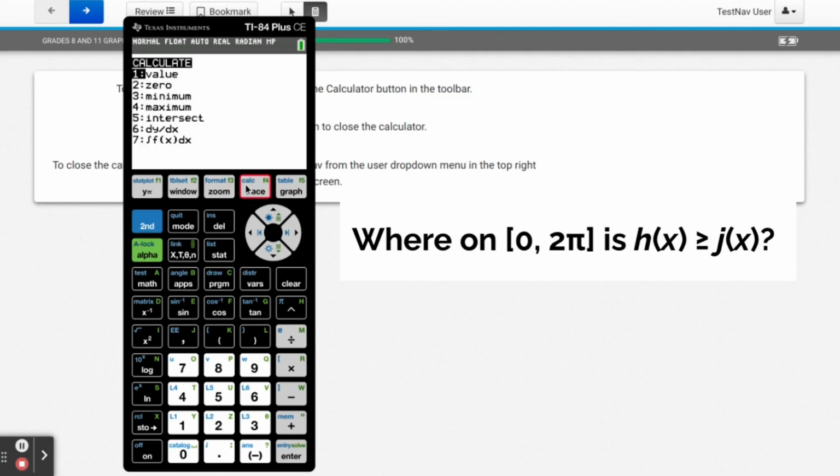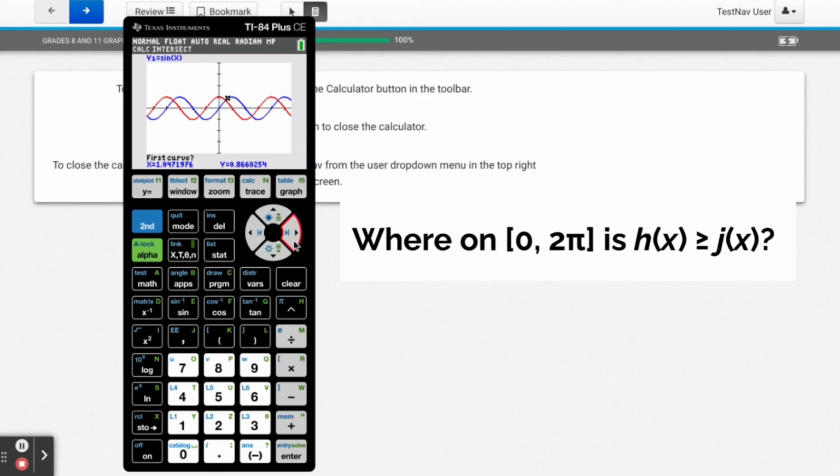All right, so we need to find the other intersection. Second, calc, intersect. Let's make sure we go over here and give it an interval, because we have a bunch of intersection points. Otherwise, it's not going to know what we want. So there's the interval. Okay, so everything in between that. And that gives me 3.9269. So 3.927 is going to be my interval.